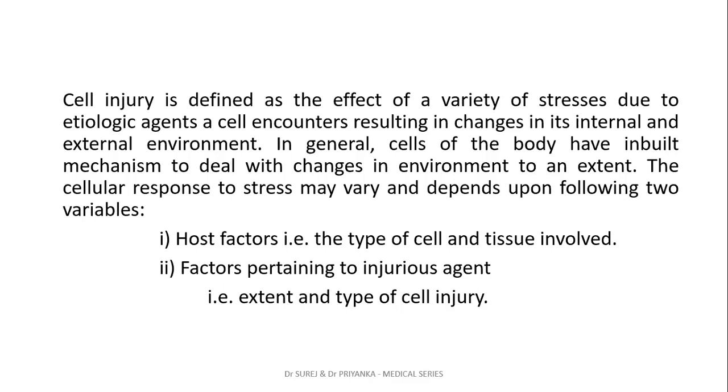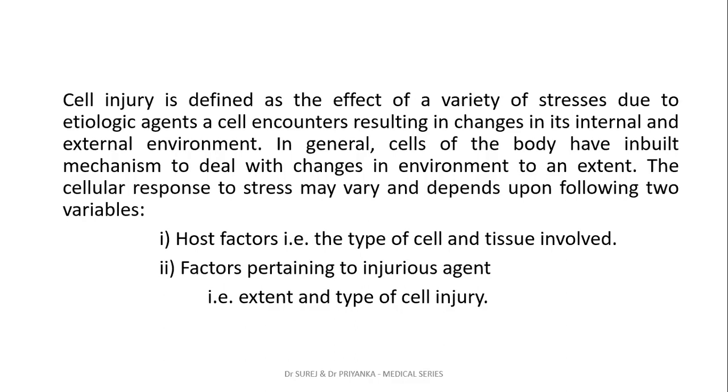Just consider cell injury in relation to general things. Generally, if you get a hit in your body, automatically what will happen? Bruises will be there. Later on, inflammatory changes will occur. Healing will be there. If you consider a diabetic patient, healing will not be promoted.